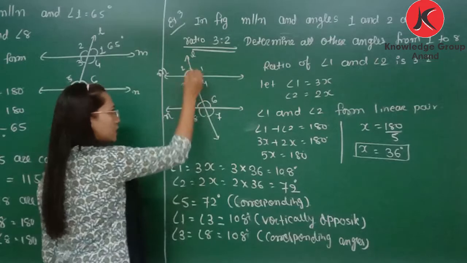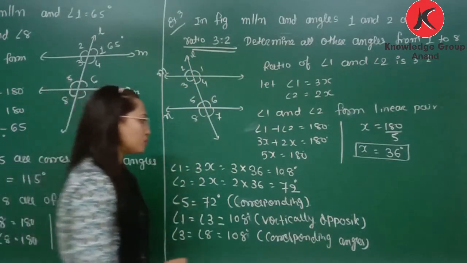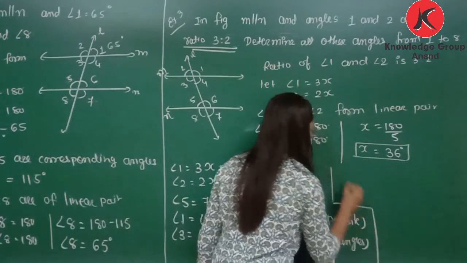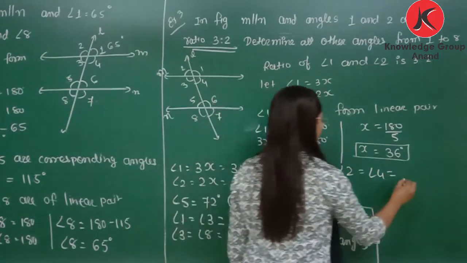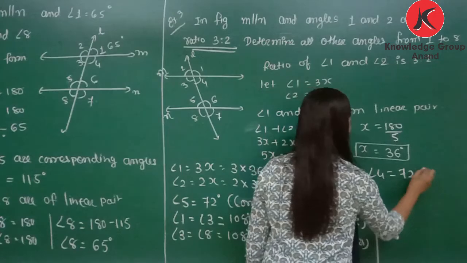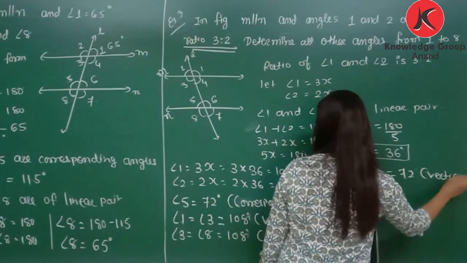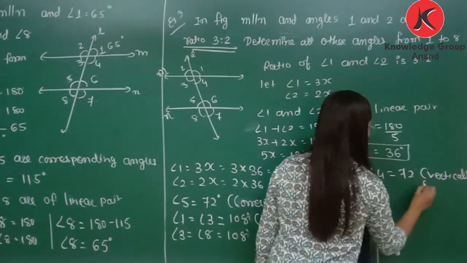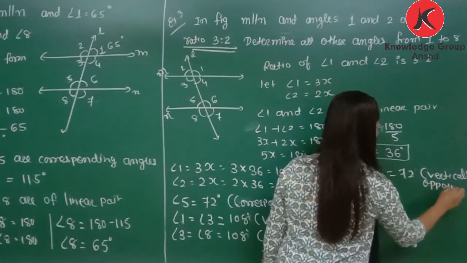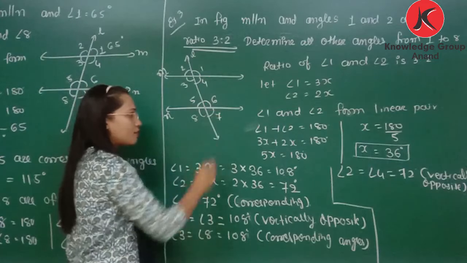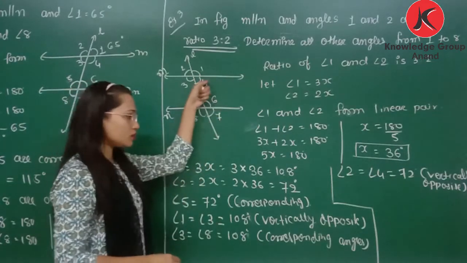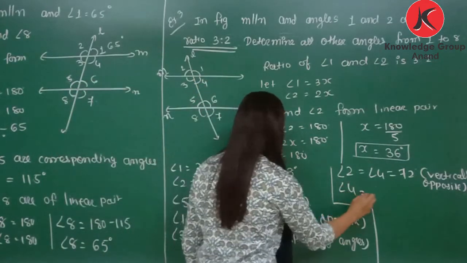Now on this side, angle 2 and angle 4 are vertically opposite. So angle 2 is equal to angle 4, that is equal to 72. Reason? Vertically opposite. Now angle 4 and angle 7 are corresponding angles.